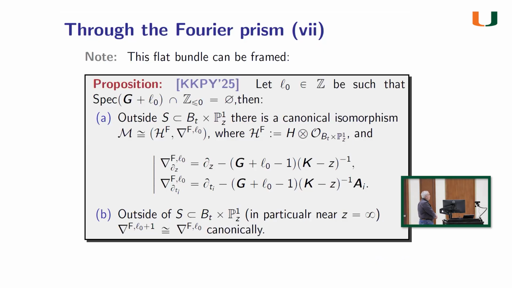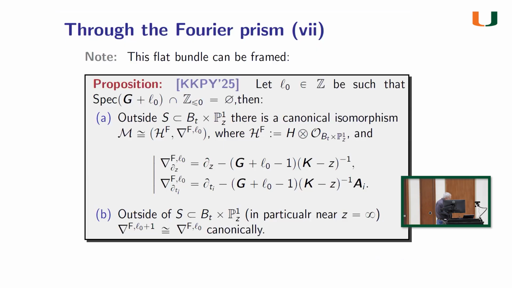And if you choose an integer like that, then you can trivialize the F bundle, the D module. So you get an actual F bundle where the fiber is, again, H. So it's a trivial bundle with fiber H.